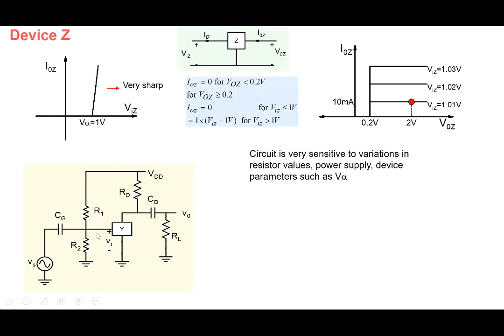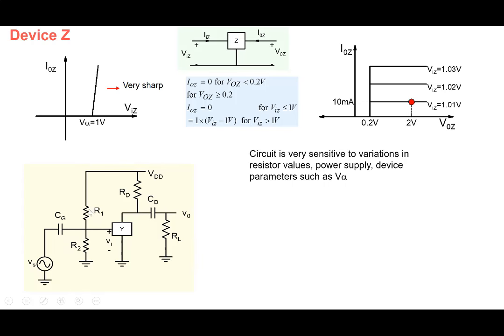So the trouble with this particular circuit, when you have very sharp characteristics like this, is that the circuit is very sensitive to variations in resistor values, power supply, and device parameters such as V alpha. Why? Because this I0 versus Vi characteristic is so sensitive. A small change in Vi will result in a very large change in current. And as a result, the circuit is sensitive to everything else.